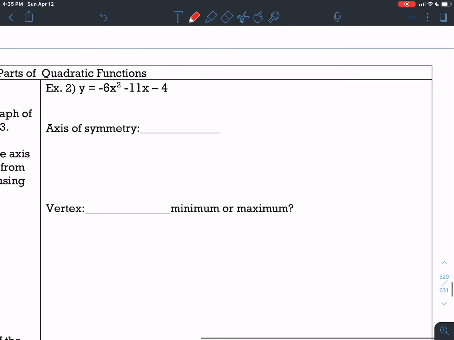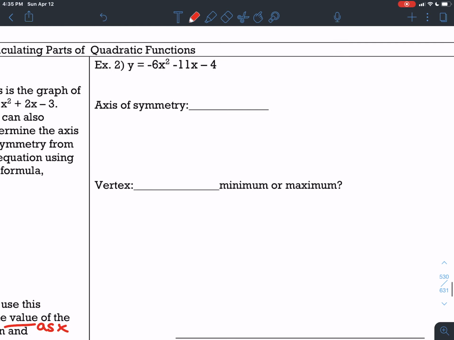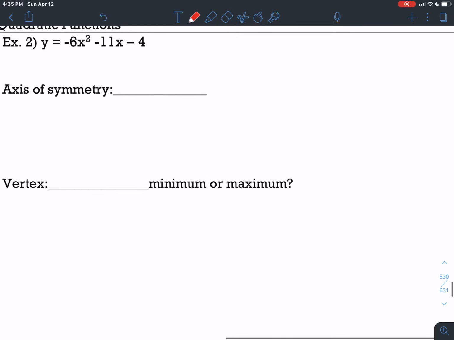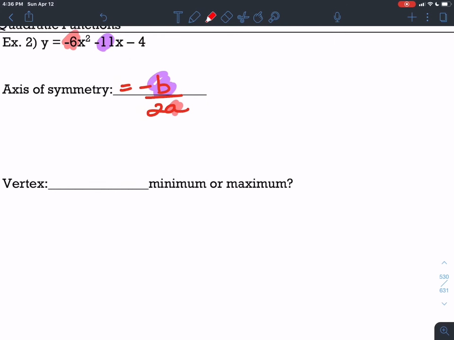Let's try this first example. So, here they're asking us for the axis of symmetry based on the equation. Remembering that the formula is negative b over 2a, I'm going to find my b value as well as my a value.